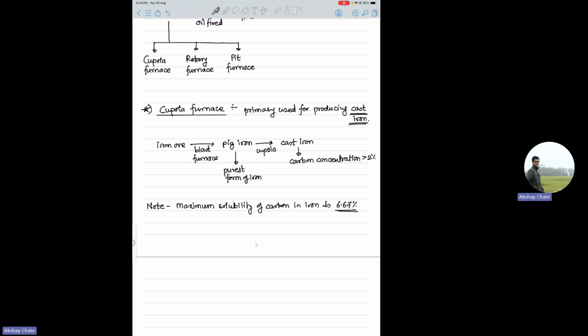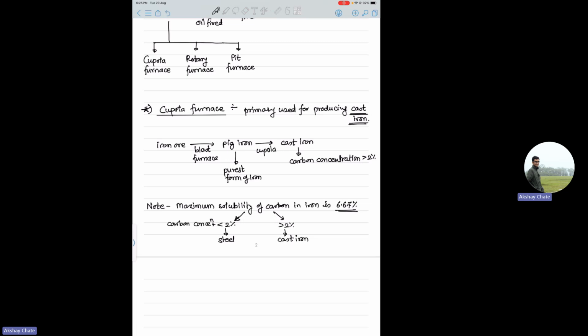And if it is less than 2%, we call them steel. Those kinds of iron plus carbon products we call steel, and if the carbon concentration is greater than 2%, it is called cast iron.